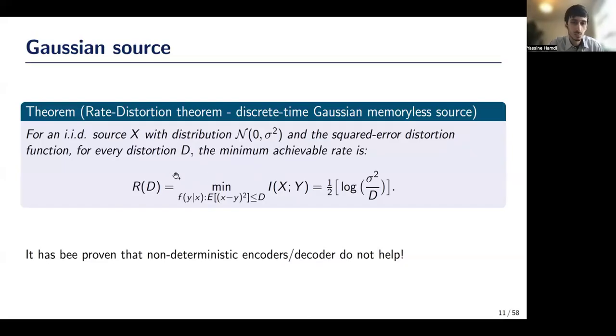The simple algorithm involves a discrete Fourier transform. But anyway, this is what the JPEG algorithm does. I just wanted to mention that. And again, deterministic encoders are very good, and if you try to add randomness, it doesn't help.